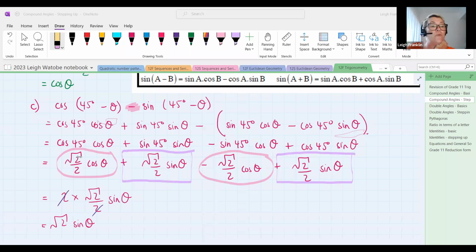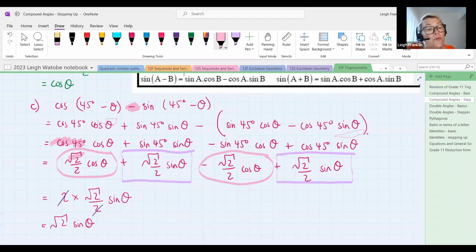1, 2, 3, 4. Okay, so Nkululeko, just very quickly, we have written the cos 45 in front of the cos theta in the first term as a special angle, as root 2 over 2. And I did that with all the special angles. If I just go back and highlight them for you very quickly before saying goodbye, this is a special angle.